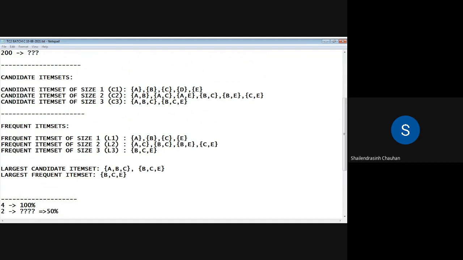Second, find association rules. If they're asking you to find association rules, then also you need to find the largest frequent item sets. So you need to read the question carefully, whether it is only for frequent item sets or for rules. Now we will discuss the next practical, the sixth one, that is association rules.